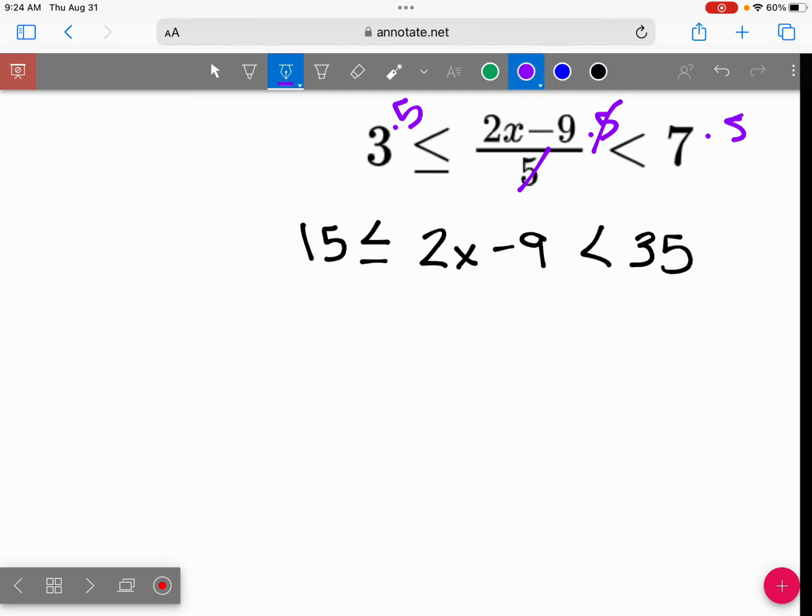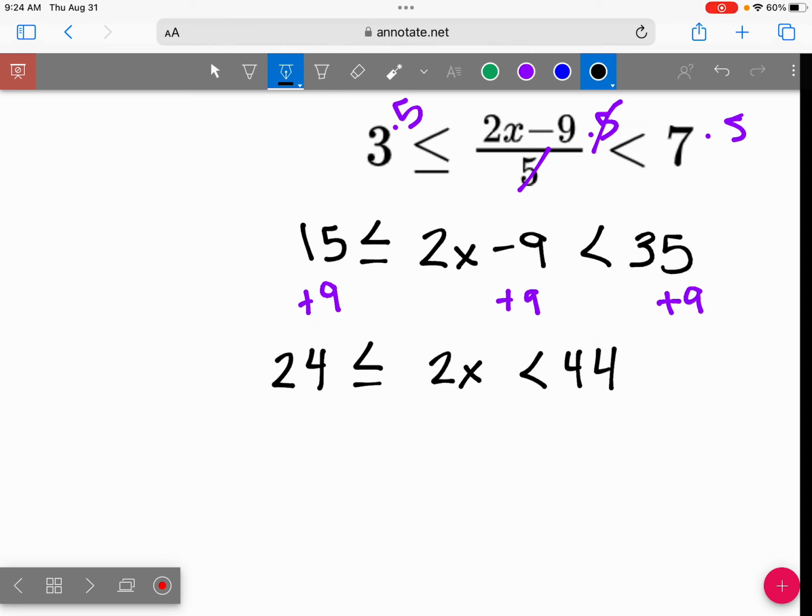Then what can we do? Add 9. Here, here, and here. So whenever we have a between, we're going to have to do it 3 times. So we have 24 less than or equal to 2x less than 44.